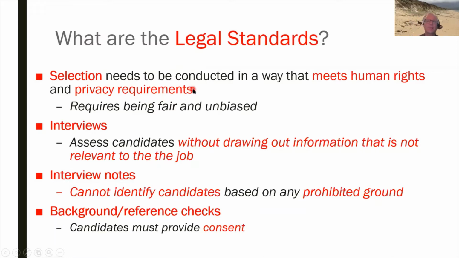So you can't be using selection techniques or requirements that result in unfair discrimination, unless, of course, the unfair discrimination is a BFOR, bona fide occupational requirement, and then you have a duty to accommodate. So think back to chapter 2 about that.